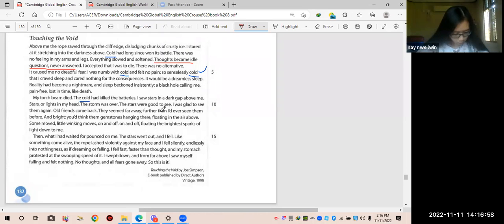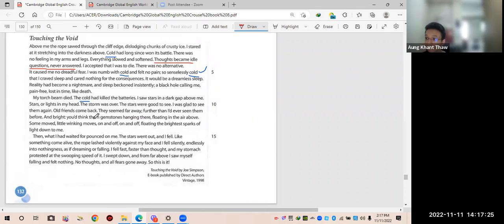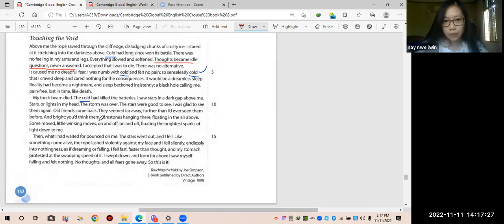Okay, gemstones hanging there, and bright. The gemstones are actually the stars. Another figurative language: how the gemstones are hanging there, floating in the air above the valley.